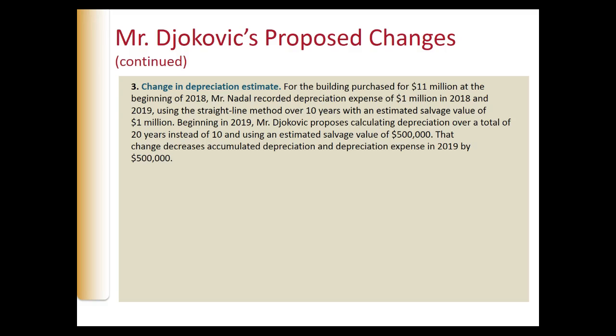But starting in 2019, Mr. Djokovic proposes calculating depreciation over a total of 20 years instead of 10 and showing an estimated salvage value of $500,000, which decreases accumulated depreciation and depreciation expense in 2019 alone by $500,000.